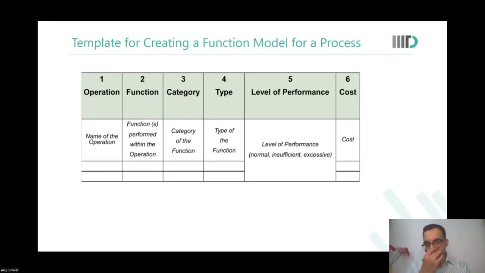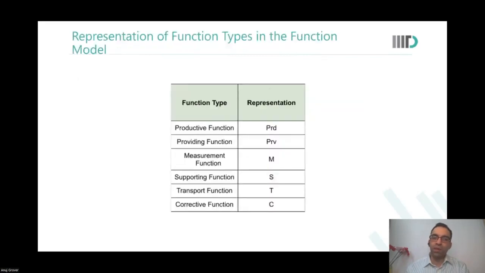Now, just like for products, we make a table of function models for modeling the processes also. We can use the legend: productive, providing, details of providing function, measurement, supporting, transport, or corrective.